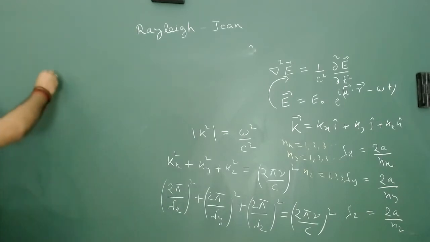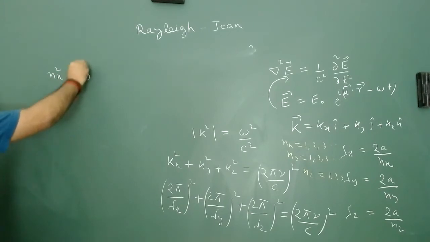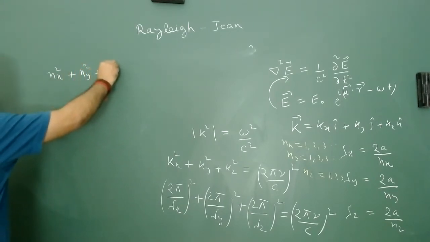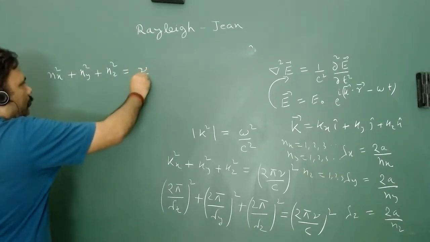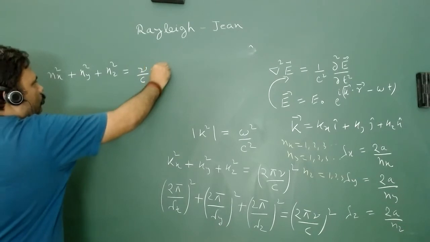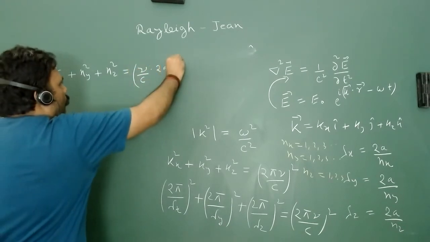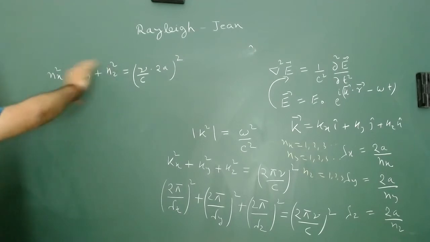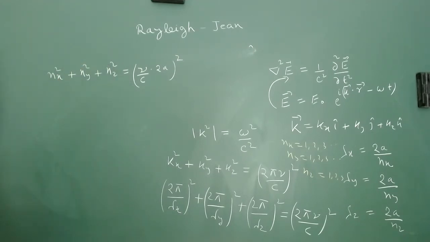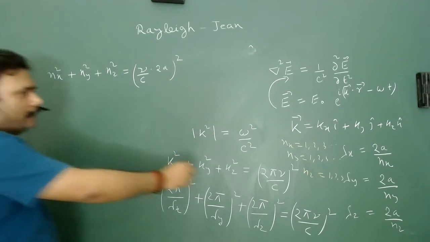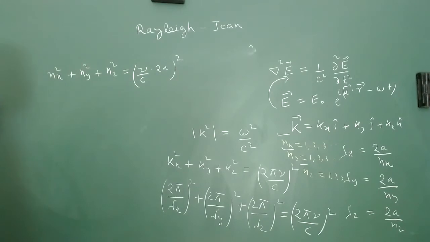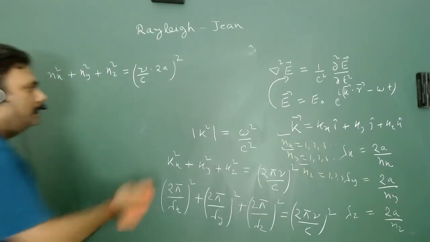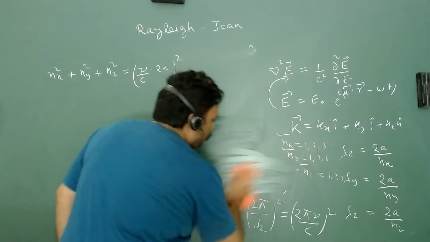So I am just writing that nx square plus ny square plus nz square is equal to nu upon c into 2a, whole square. So this is the equation we get, and nx, ny, nz are discrete in nature. Now we have used this dispersion relation, and so let's do a trick.